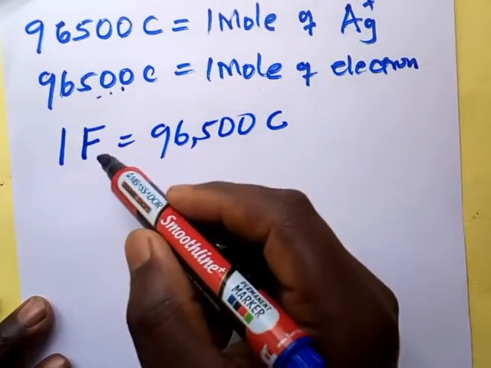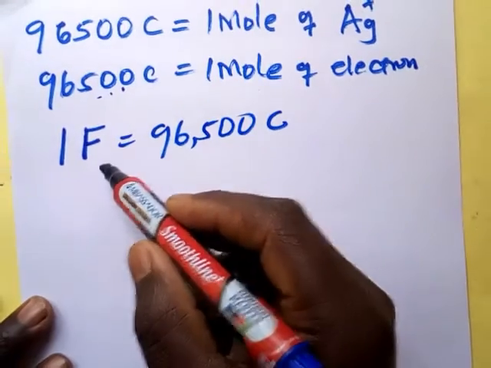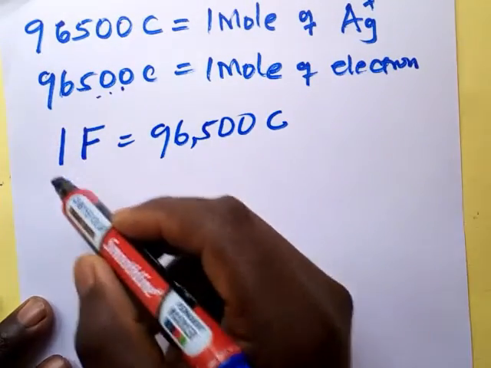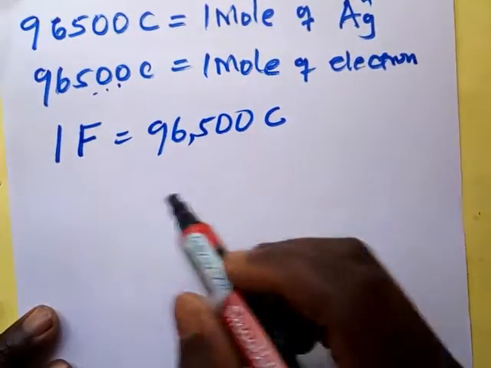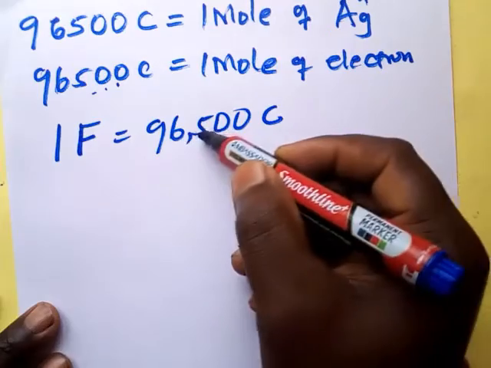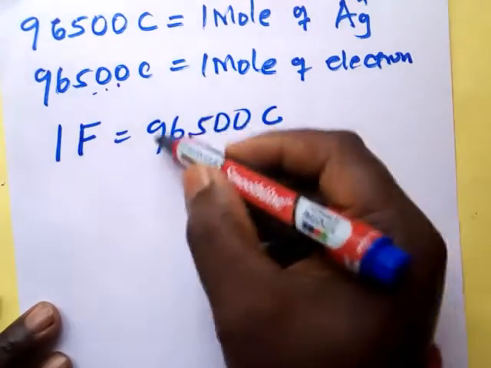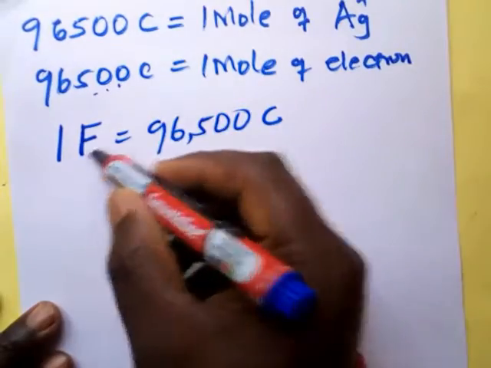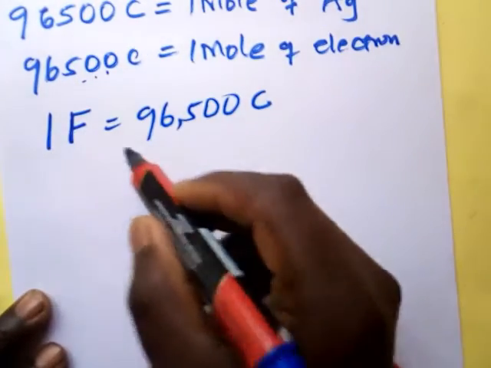If it has a charge of 2, like magnesium or zinc, it will have 2 Faradays. If it is aluminium, it will have 3 Faradays. So if 1 Faraday is for a monovalent, suppose it was a divalent, what will be the quantity for 1 mole?